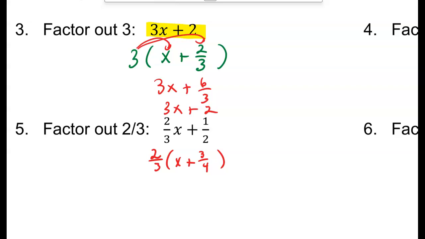Because really you're thinking 2/3 x divided by 2/3. Oh, those go away to be 1. But what am I really doing to that 1/2? I'm dividing by 2/3, which means I'm really going 1/2 times what? 3/2, because remember, dividing by a fraction is the same as multiplying by its reciprocal. And if I multiply my fractions across, that's going to be 3/4.